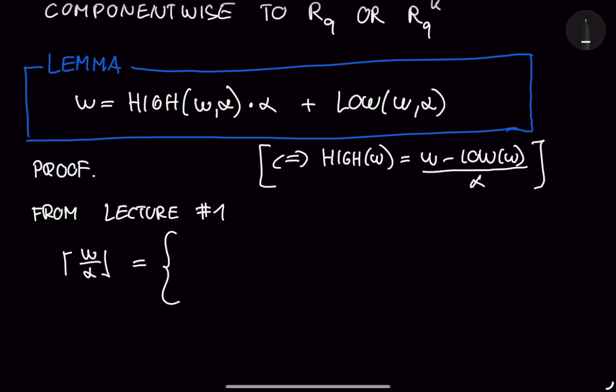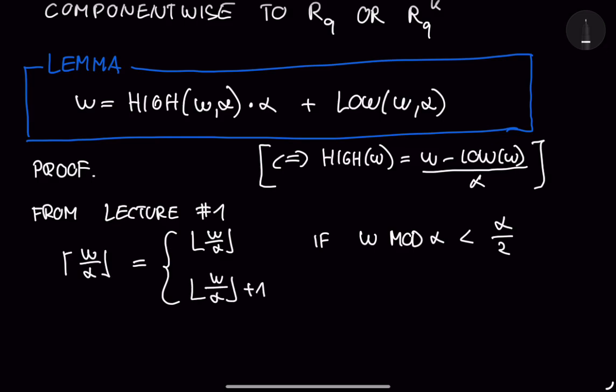We can express it with a floor function, and this applies if this is valid. Or we get the floor function plus 1 otherwise. So this is what we need actually for the proof of this equation.